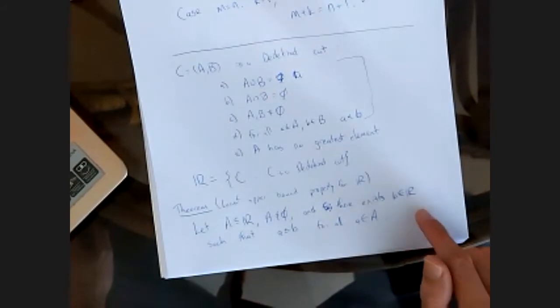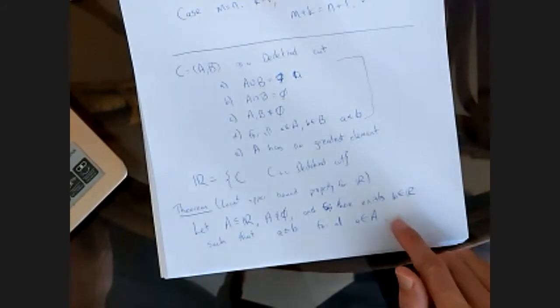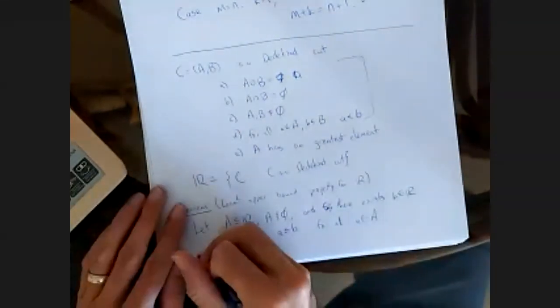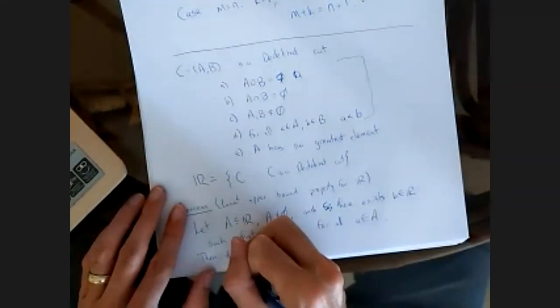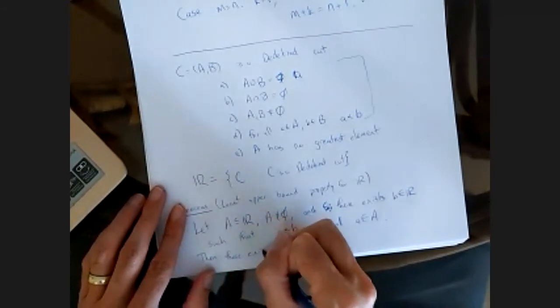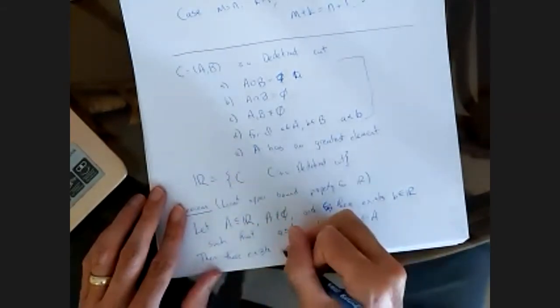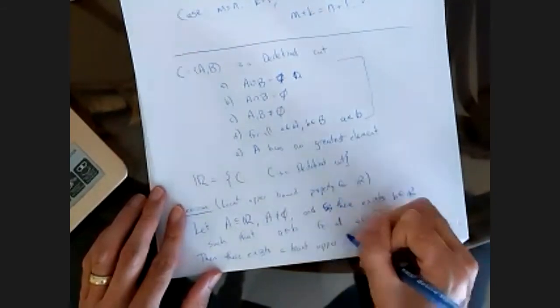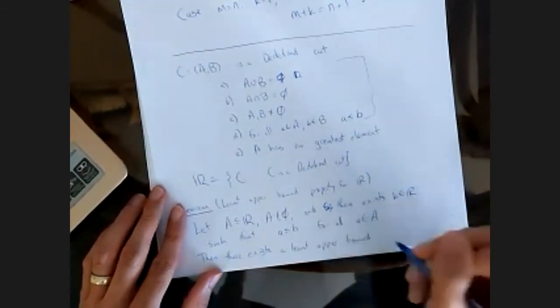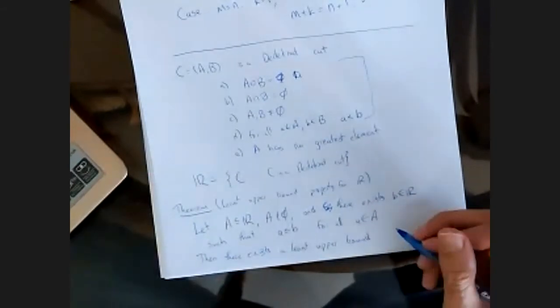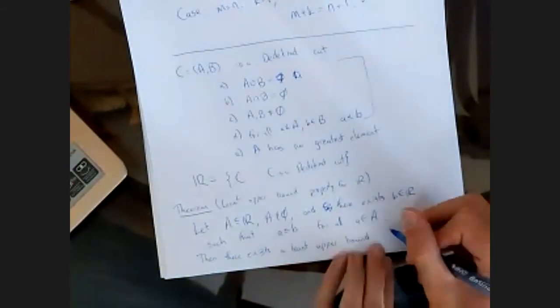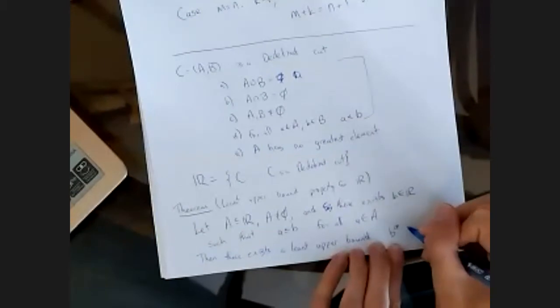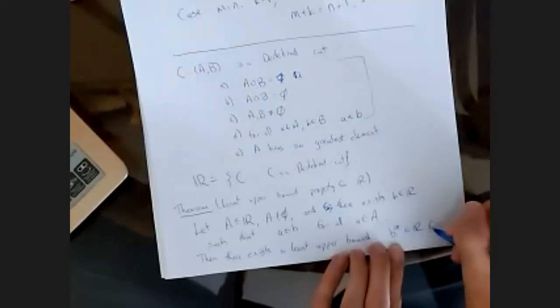Then it has an upper bound, then it has a least upper bound. So there exists a least upper bound b star in R for A.